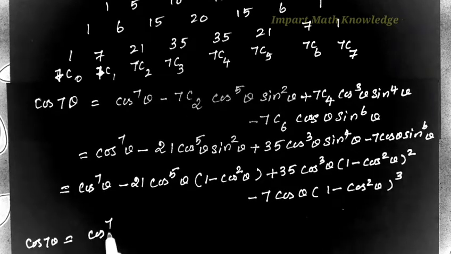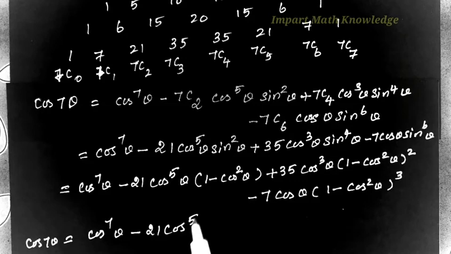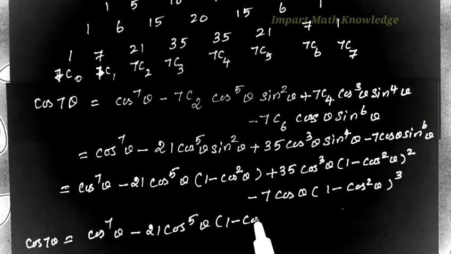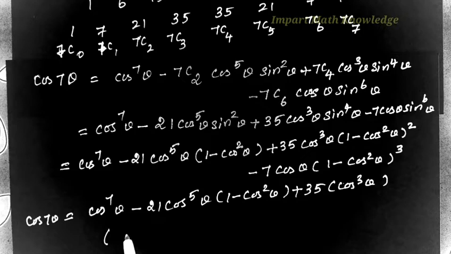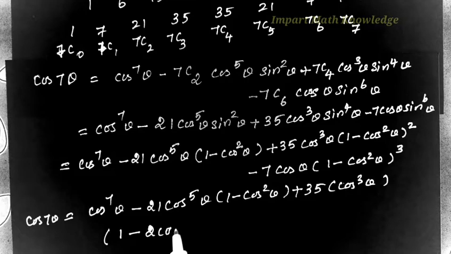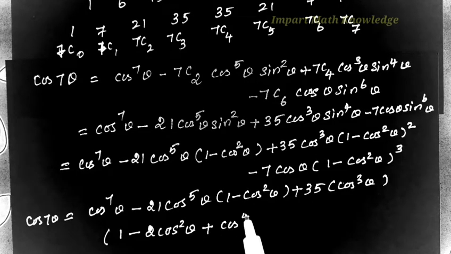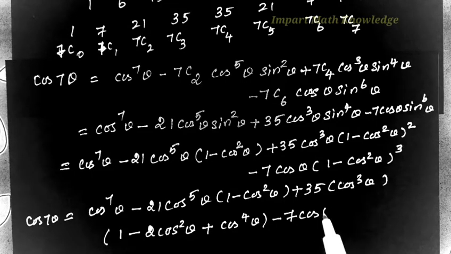Now expanding this using a minus b whole square formula and a minus b whole cube formula. That is cos power 7 theta minus 21 cos power 5 theta 1 minus cos square theta plus 35 cos cube theta. 1 minus cos square theta whole square is 1 square minus 2 cos square theta plus cos power 4 theta minus 7 cos theta.